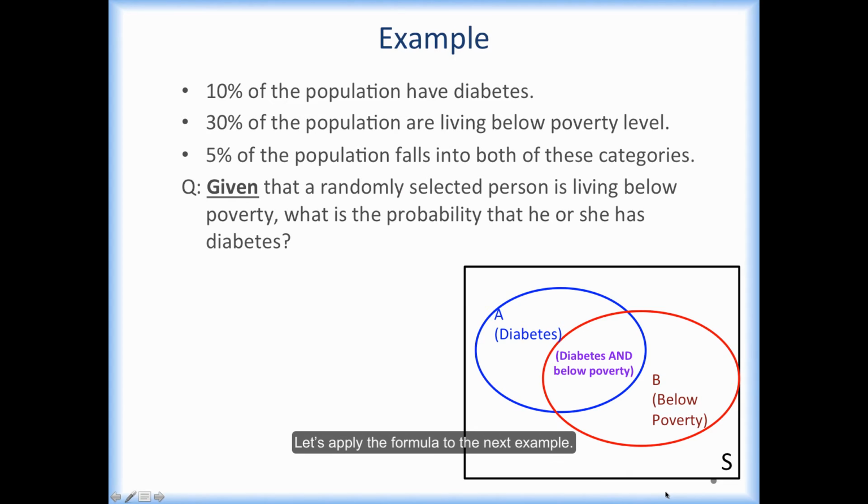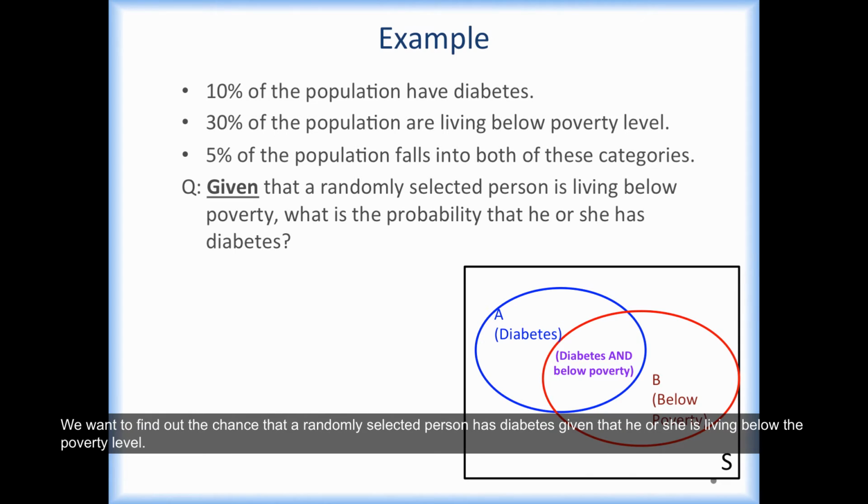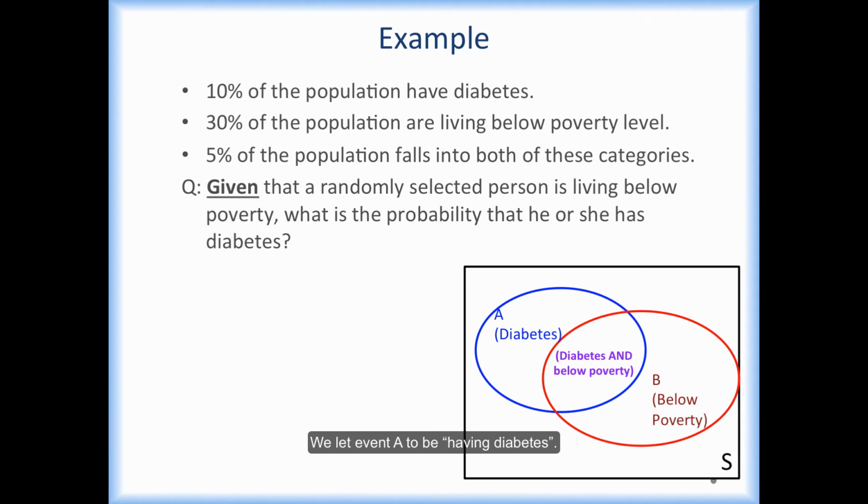Now, let's apply the formula to the next example. Here, we want to find out the chance that a randomly selected person has diabetes given that he or she is living below the poverty level. We let event A be having diabetes, and let event B be living below the poverty level.